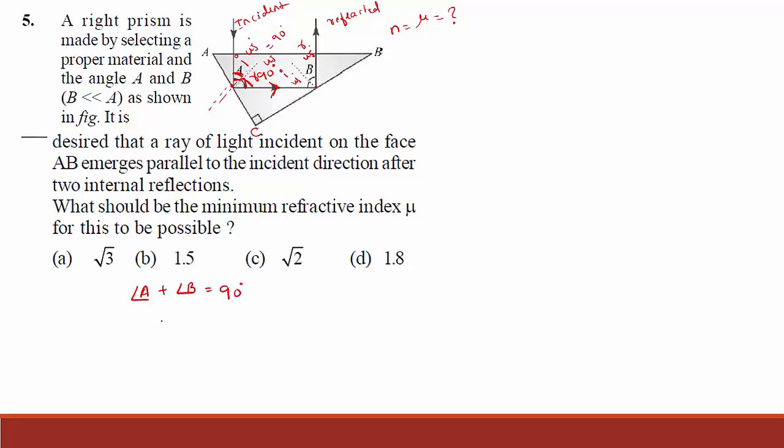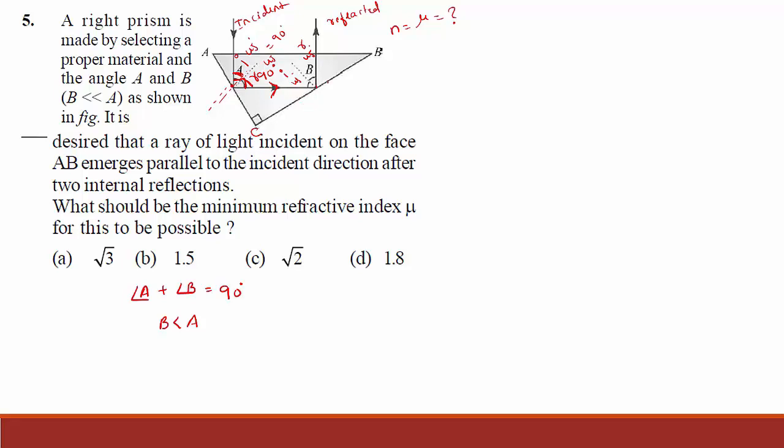But here it is given B is smaller than A. So the ray, if it is totally reflected from the surface BC, for this angle B, it should be greater than the critical angle, because TIR takes place when the angle of incidence is greater than the critical angle.